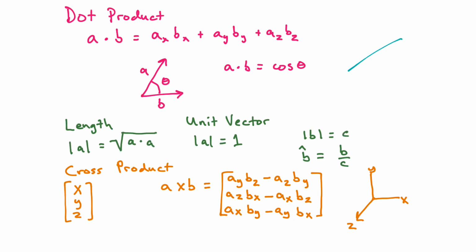So if we had a triangle here, we can find out what direction it is by taking the vertices and taking the cross product. So the normal would be B minus A cross C minus A.